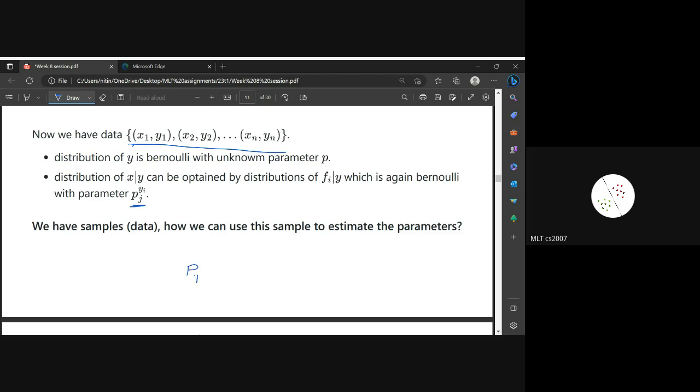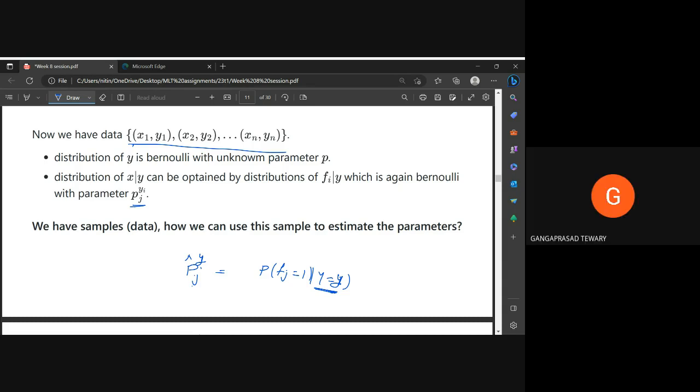Whenever I write p j hat 1, it means the probability that the jth feature takes value 1 given y equal to 1, right? In general, if I call it y, it is the given class, and here the jth feature is taking value 1. We'll stick to this notation in the entire lecture.